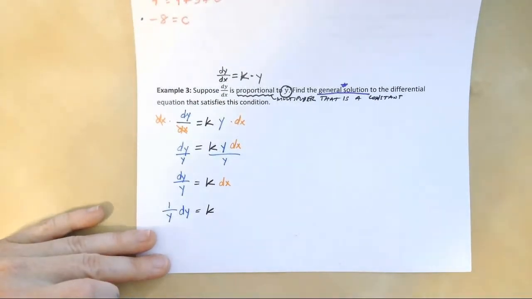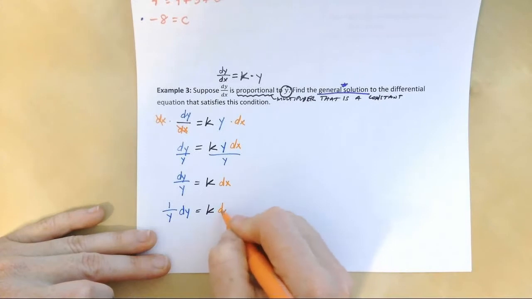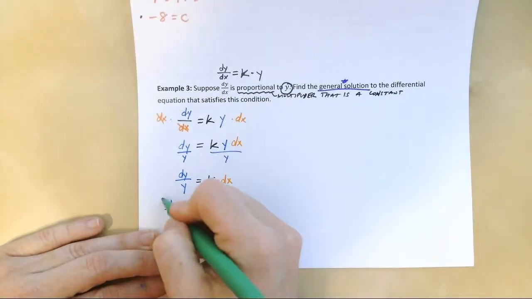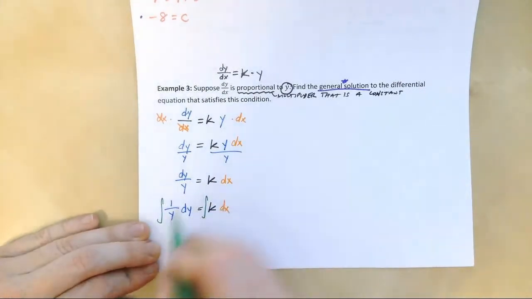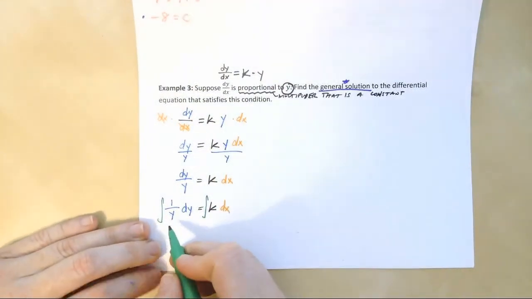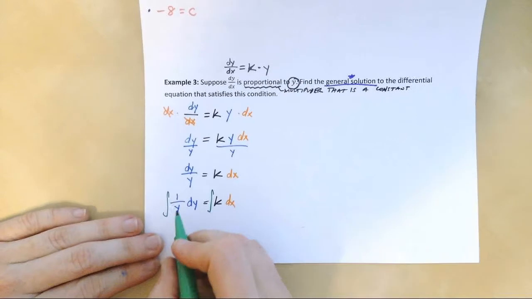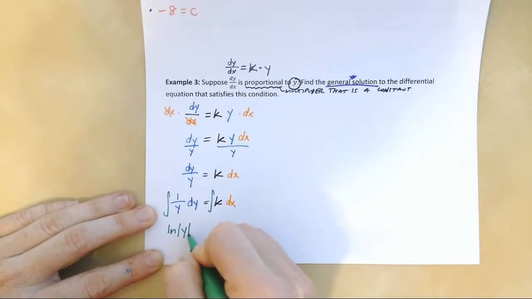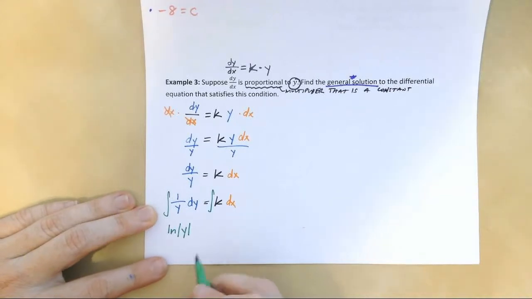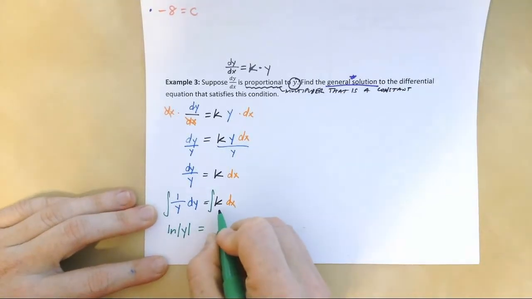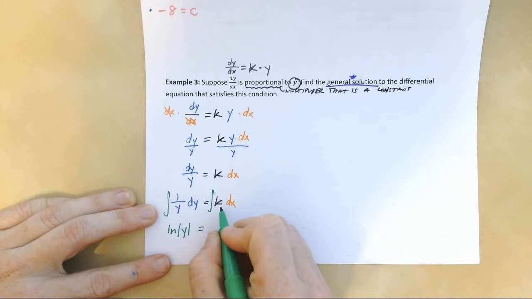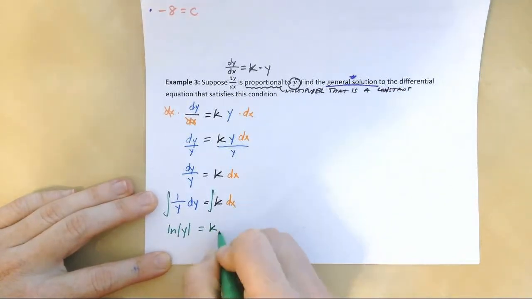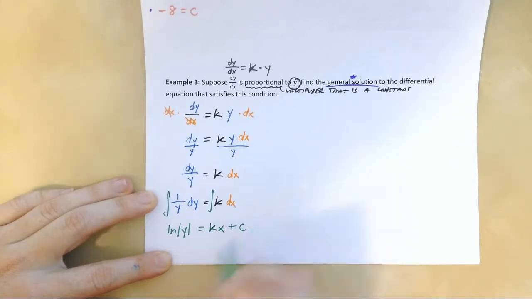Now we integrate both sides, and we should recognize 1 over y is a natural log. When you integrate 1 over y, you have to put natural log, absolute value, don't forget your absolute value of y, equals k, a constant, so the integral of a constant is that constant, k, times x, plus c.